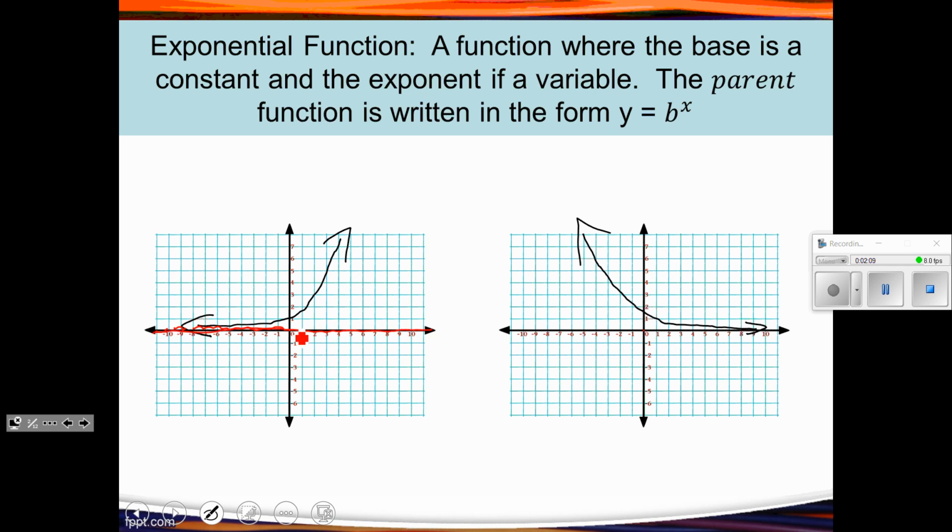An asymptote means the function is approaching it, getting really, really close to it, but it doesn't ever quite touch it, and that's your asymptote. So this would have a horizontal asymptote at y equals 0. That would be your HA, or your horizontal asymptote.